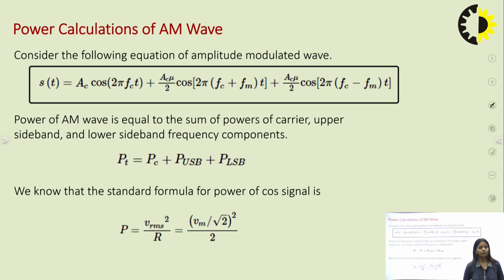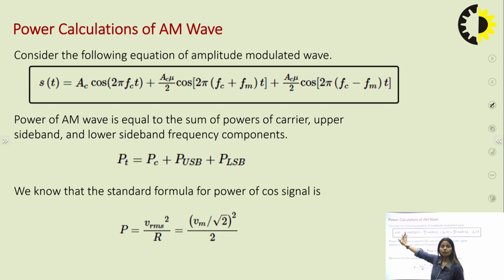The total power is the power of the carrier wave, the power of the USB (upper sideband), and the power of LSB, right? If I want to calculate the power, then a simple carrier wave power I can calculate, that is Ac by root 2, the VRMS value of this, Ac by root 2 upon R.